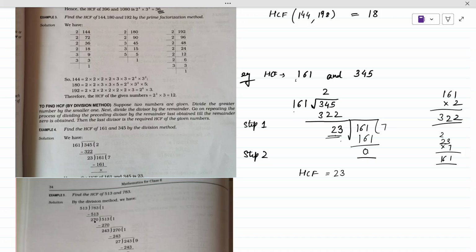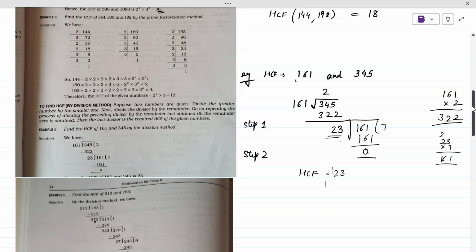But in case we are not getting the remainder as 0, we are getting some non-zero number here, then we will take that remainder as the next divisor and the old divisor as the new dividend, and keep repeating this process until we get 0 as the remainder. The divisor using which we get 0 as the remainder will be our HCF. So in this case HCF is 23.